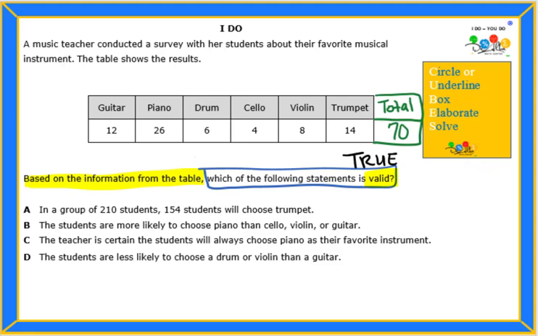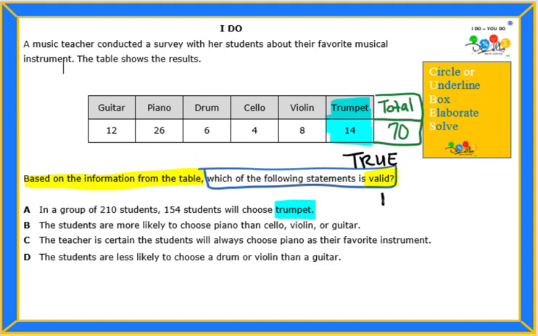Okay, I feel like we're ready to look at these statements. Letter A says in a group of 210 students, 154 students will choose trumpet. So in our table, we're looking at trumpet, and we're going to set that up over the total.